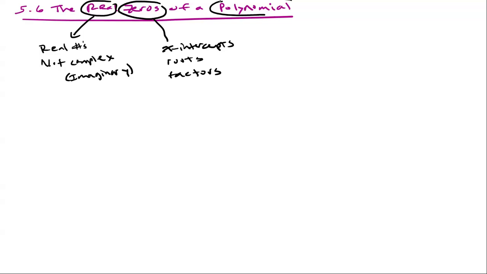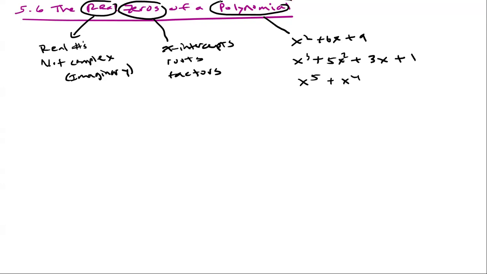Polynomial. We've used those types of functions before, such as x squared plus 6x plus 9, that's a polynomial. Or x cubed plus 5x squared plus 3x plus 1 is a polynomial. x to the fifth plus x to the fourth plus 7 is a polynomial.